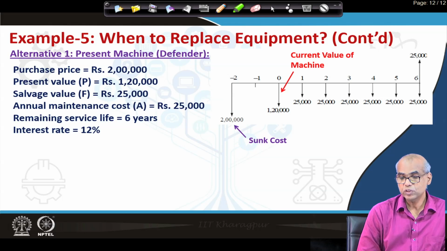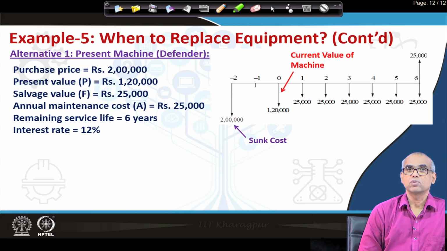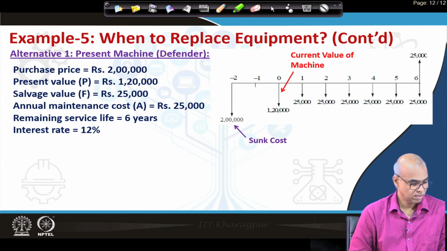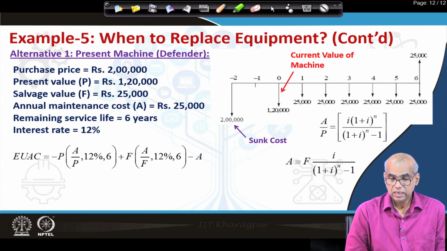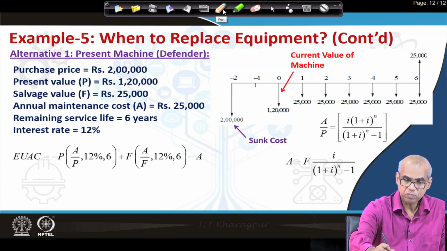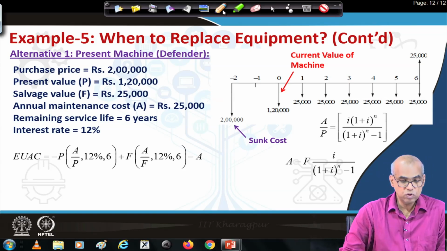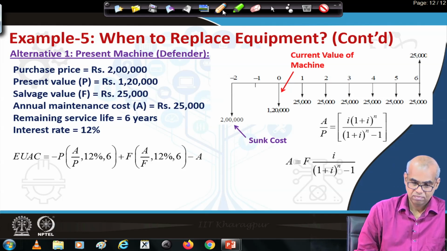So, economic evaluation will be based on the current value of the machine, 1,20,000. Now it is straightforward to compute the equivalent uniform annualized cost.